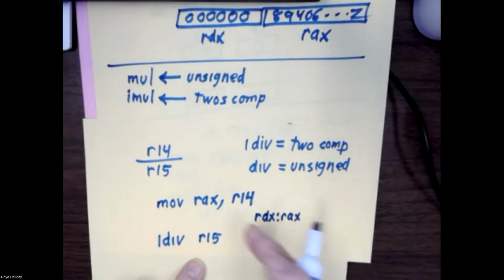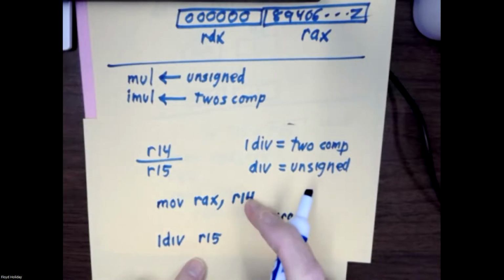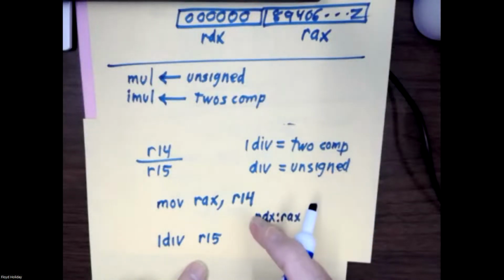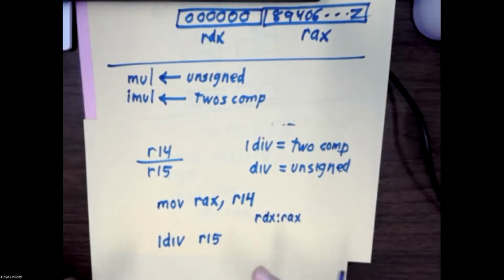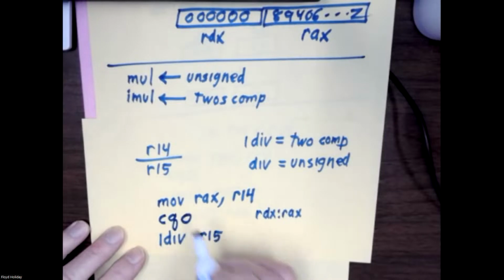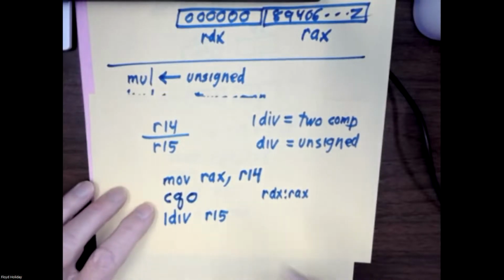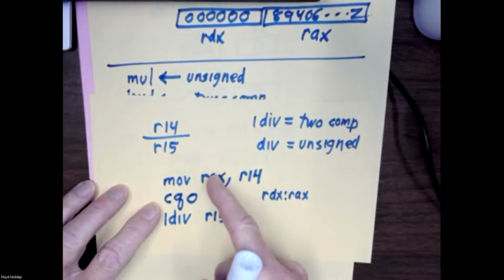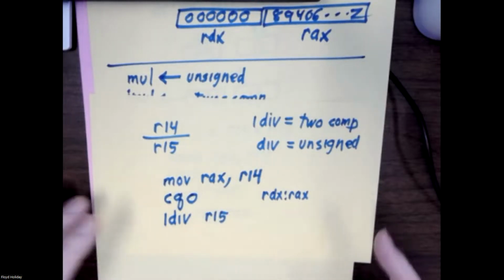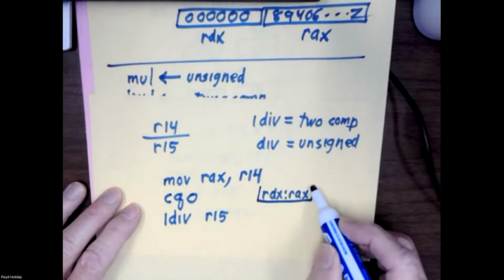What we want is our number from R14 to be expressed across all 128 bits. And then IDIV will work correctly. How do you do that? CQO. Now the number in the numerator in RAX is extended as the same number across these two.